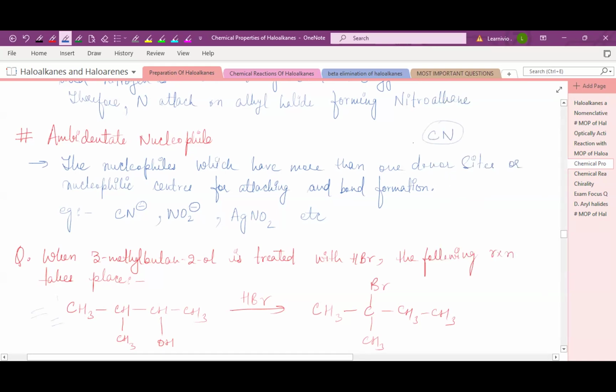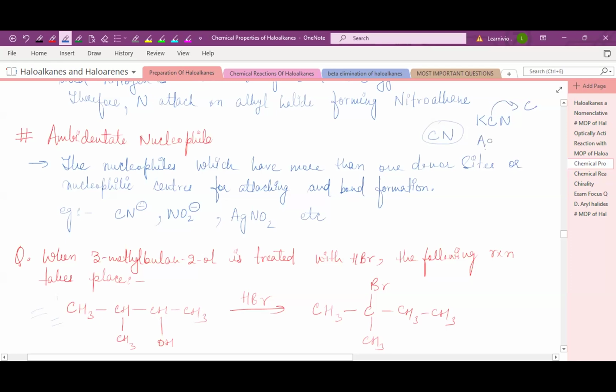Just remember that when KCN is given as a nucleophile, cyanide is attached to potassium, so the attack will be from the carbon side.